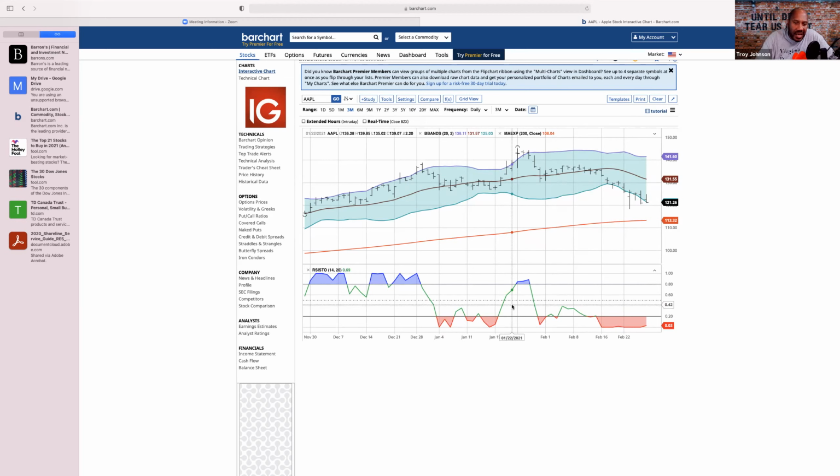And then look at the top up here as well as the bottom. Look at the RSI. As I move in days, it's selling off. And then here, even though it's on the mean line above, this is the mean for the Bollinger Band, you can see the RSI says that the stock is oversold.